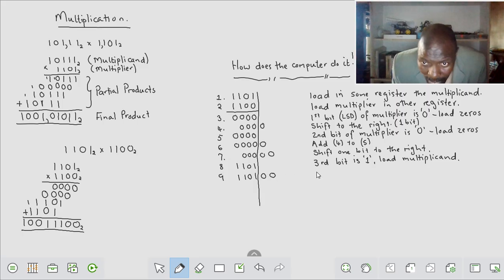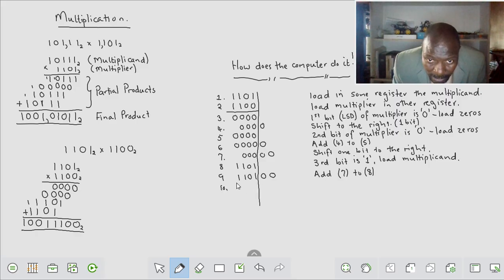So what do we do? We add the contents of 7 to the contents of 8. Okay, so now after we perform that, we shift one bit. This is step 10.